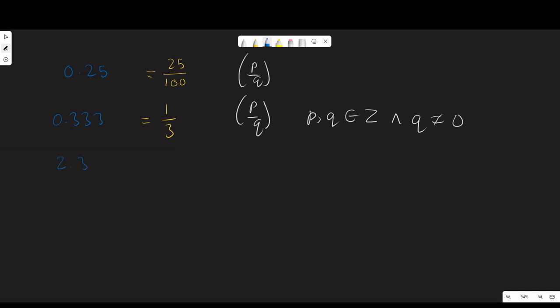And then we've also got 2.3 with a line over the 3, which shows that 3 is recurring, and this can also be written in fraction form.